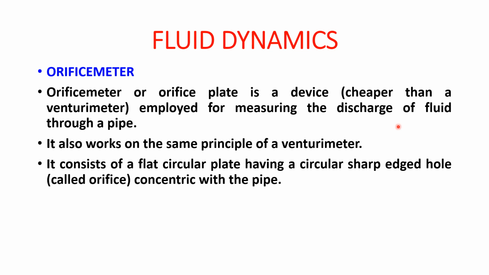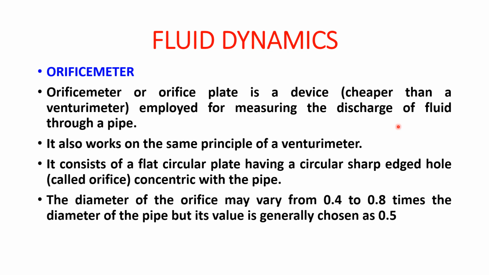If you drill a triangular hole inside a plate, that orifice will be a triangular orifice. The diameter of the orifice may vary from 0.4 to 0.8 times the diameter of the pipe, but it is generally taken as 0.5. So as compared to the diameter of the pipe, the orifice diameter is around 0.5 times, that is 50% of the pipe diameter.